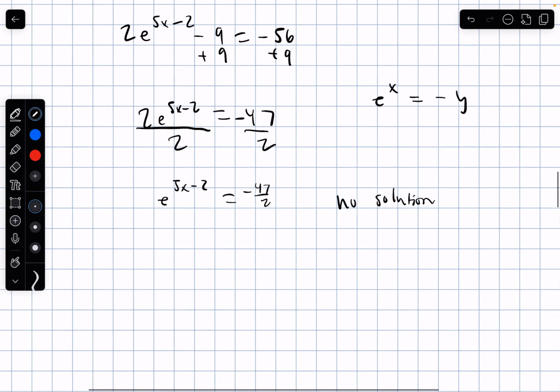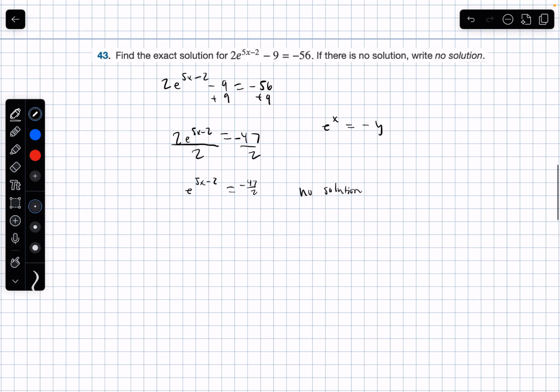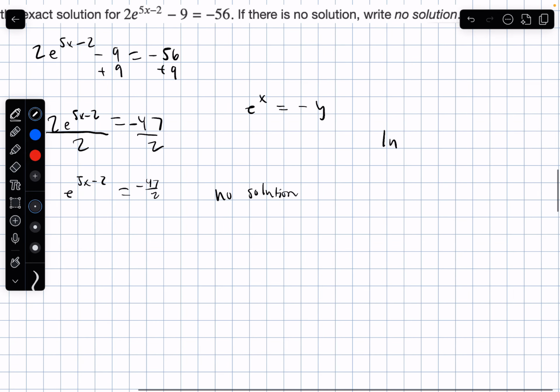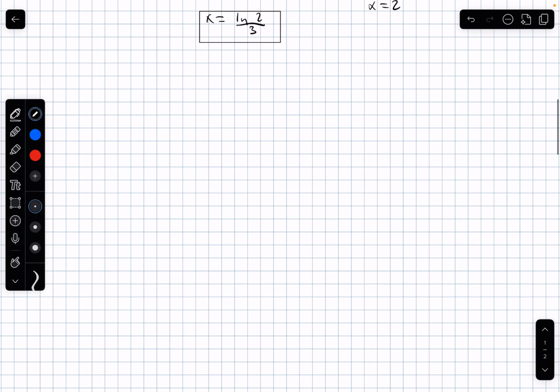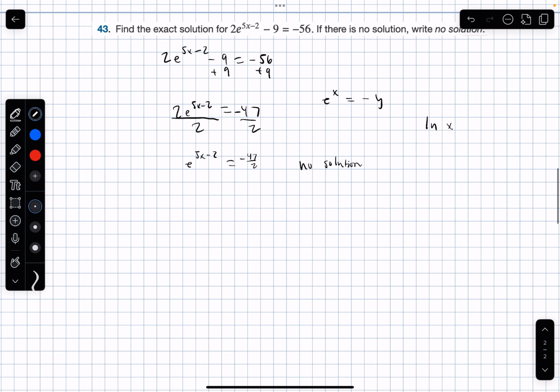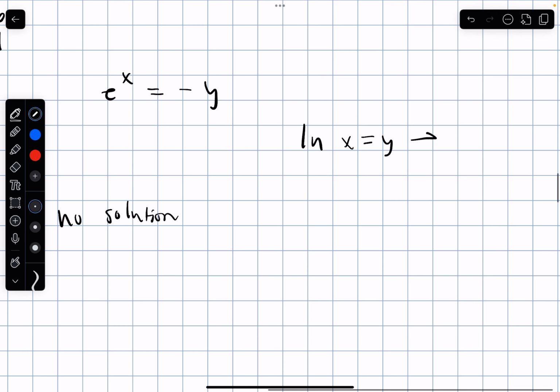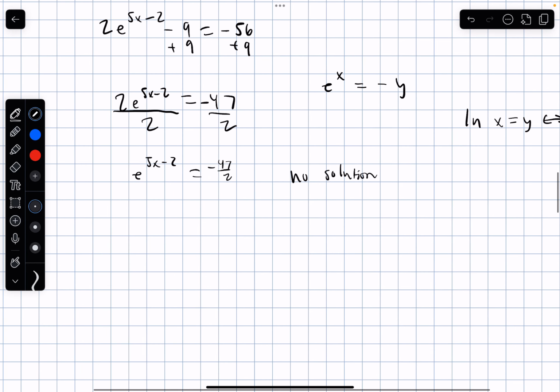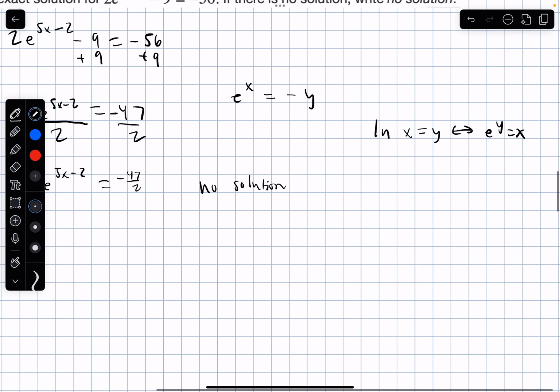Another way we could figure this out is by using the natural log rule. ln, we can just take from up here, ln of x equals y when e to the y equals x. If we were to use this, our e is going to be e, our y is going to be 5x minus 2, and our x is going to be negative 47 over 2.